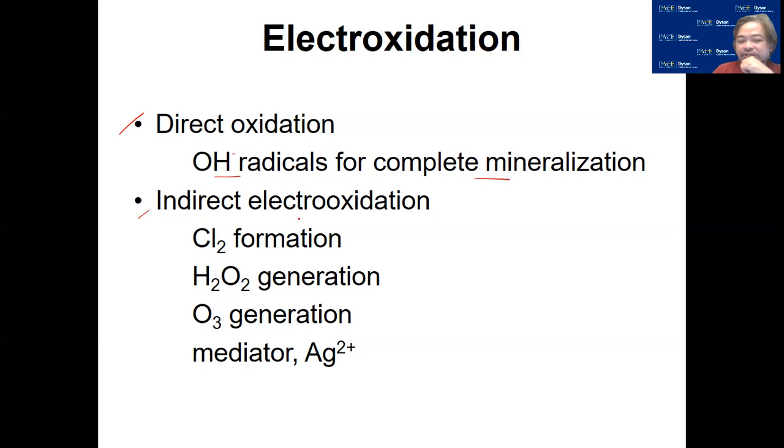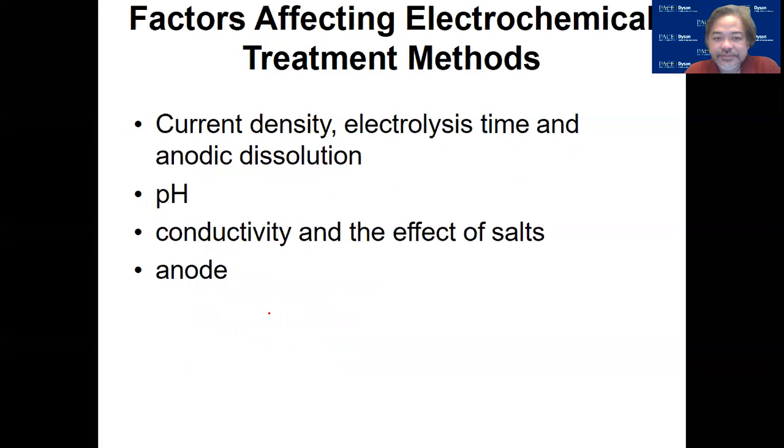For indirect electro-oxidation, there's chloride formation, hydrogen peroxide generation, ozone generation, and possibly the presence of a mediator, silver 2+. Now there are factors that affect electrochemical treatment methods.